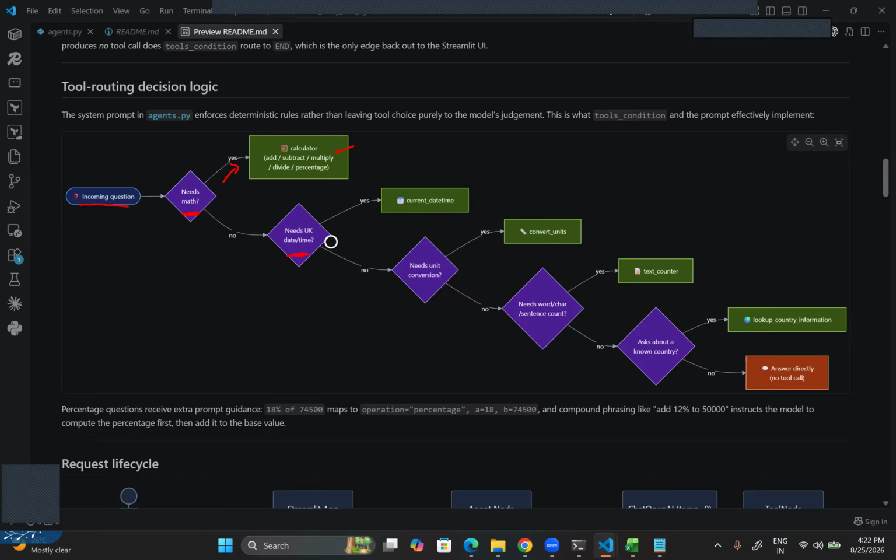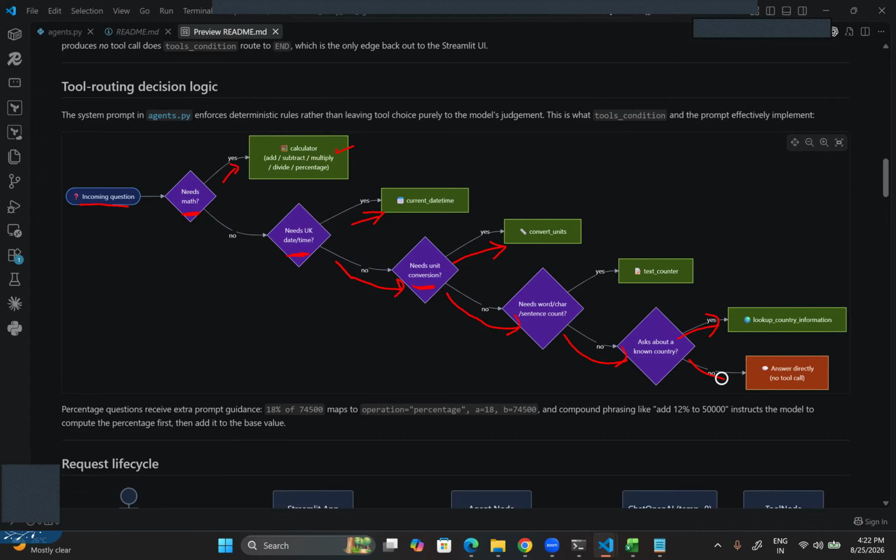Need UK date and time? If yes, it goes to this tool. If no, it checks another condition. Needs unit conversion? If yes, it goes to the convert units tool. If not, it goes to another condition, and then another. If yes, look up country information.